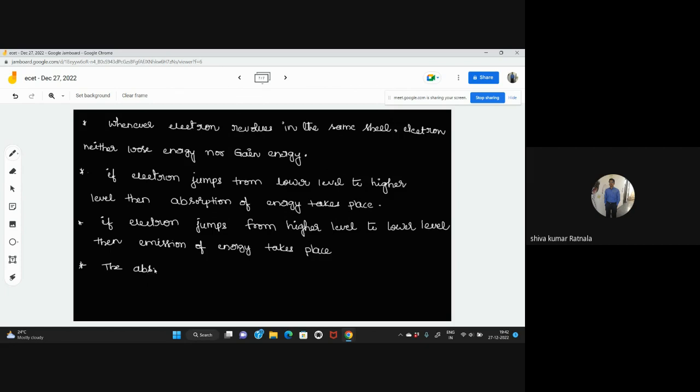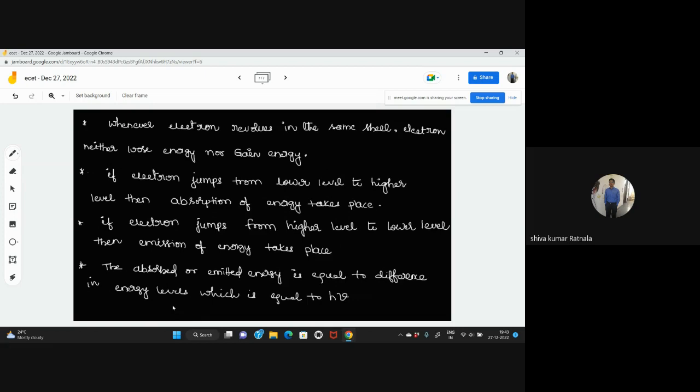Next one, the absorbed or emitted energy is equal to the difference in energy levels, which is equal to h nu.